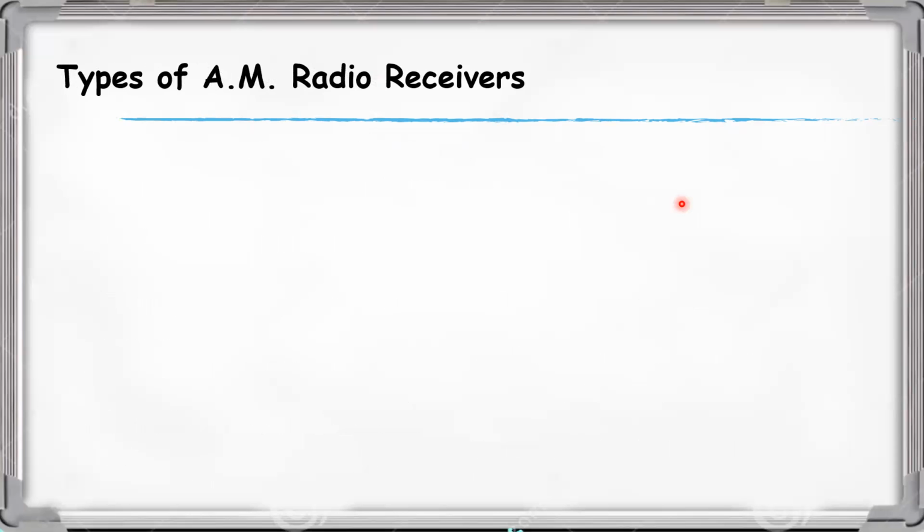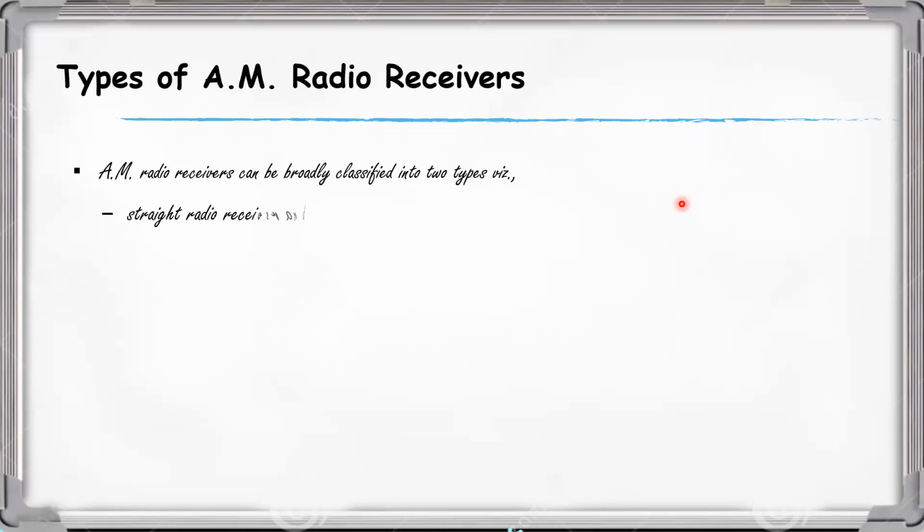Then, types of AM radio receivers. There are mainly two types. The first one is the straight radio receiver, and the second is the superheterodyne radio receiver.